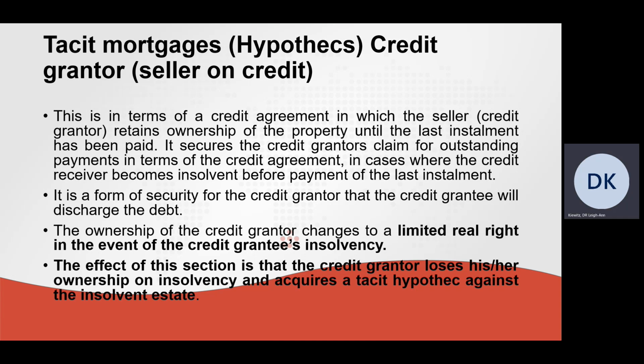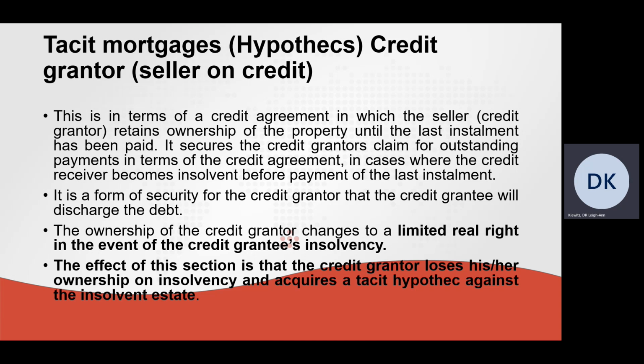The credit grantor tacit mortgage or hypothec. This is in terms of a credit agreement in which the seller retains ownership of the property until the last installment has been paid. It secures the credit grantor's claim for outstanding payments in terms of the credit agreement in cases where the credit receiver becomes insolvent before payment of the last installment.